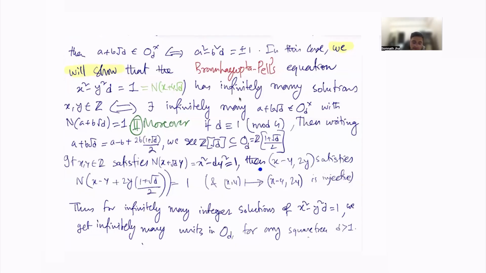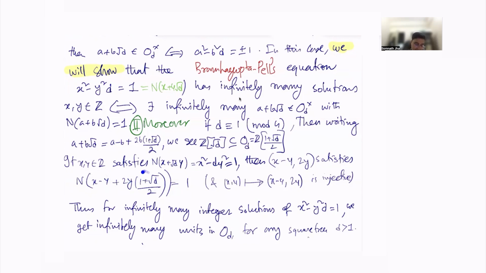In fact, you can see this in another way. If the norm of x plus y root d is equal to 1 and d is, let's say, 1 mod 4, then (x minus y, 2y) also satisfies norm equal to 1, because (x minus y) plus 2y times (1 plus root d)/2 is nothing but x plus y root d.